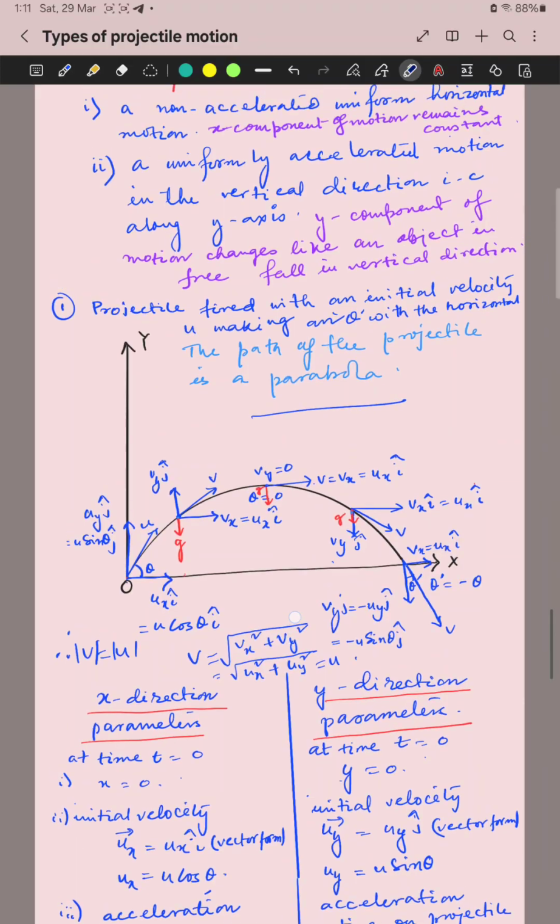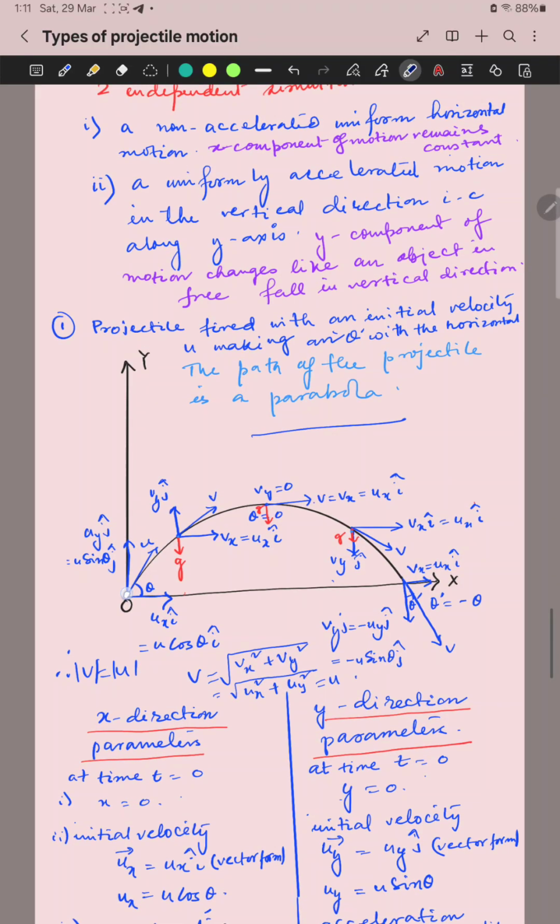Now notice one thing: when the projectile is rising up to the maximum height, the direction of the force and the direction of motion are oppositely directed, and so during ascent vy will decrease.